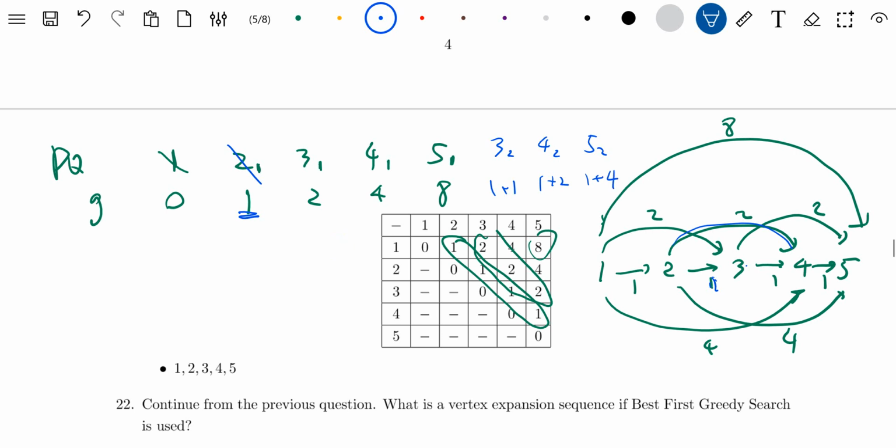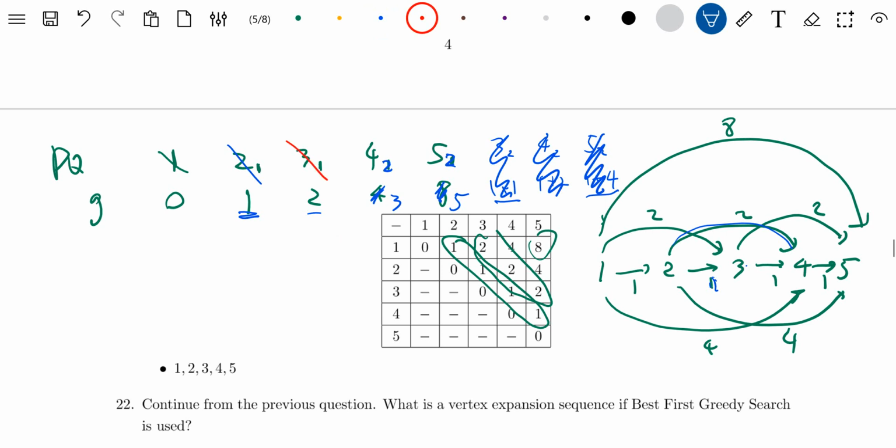Which ones need to be updated? Here is the same number, so let's just get rid of this. Here seems to be smaller, so let's replace it by 3. And here is 5, so let's replace this by 5 and get rid of that. And we should probably update the subscript too. Okay, so let's continue with this.